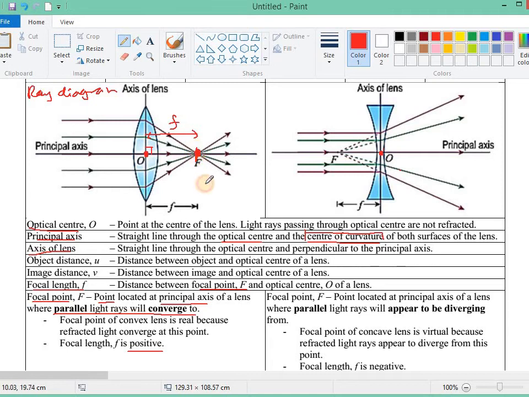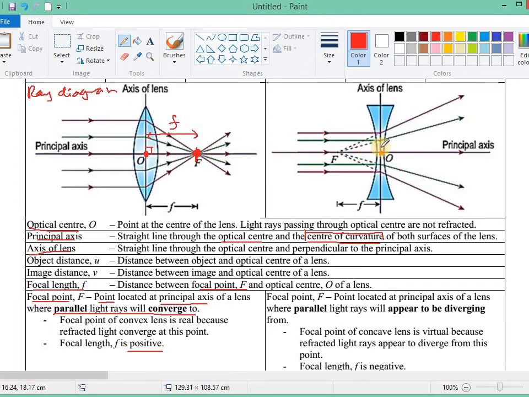So this point is what we call the focal point. All the light actually passes through this point. So that is why we say that this point is real. This is a real focal point. All the light really passes through this point.